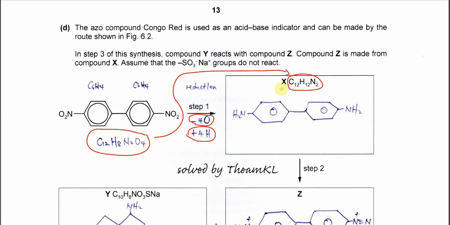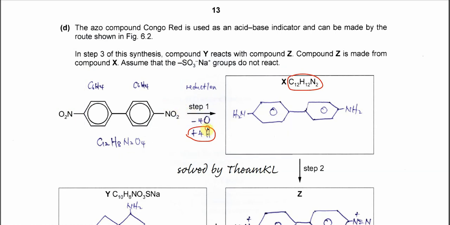From this comparison it is very clear that the 2 nitro groups will undergo reduction and form the phenylamines. That means removing 2 oxygen and adding 2 hydrogen for each. So step 1 is the reduction of the nitrobenzene.